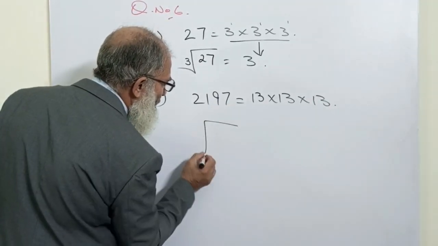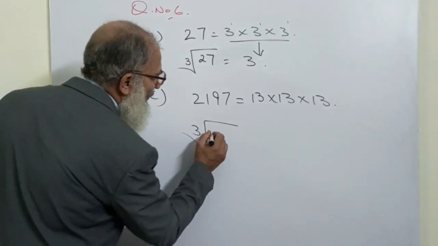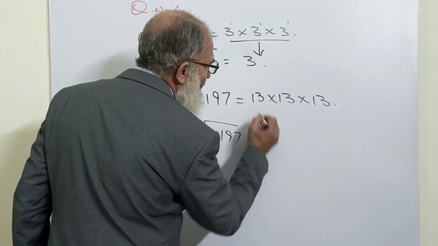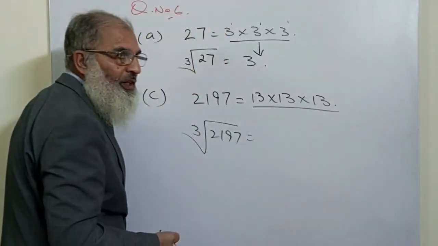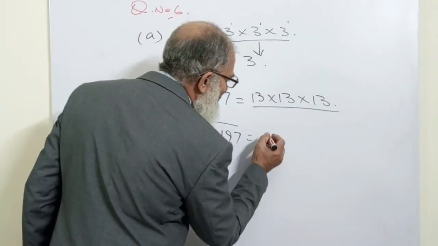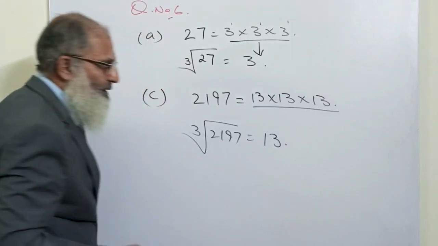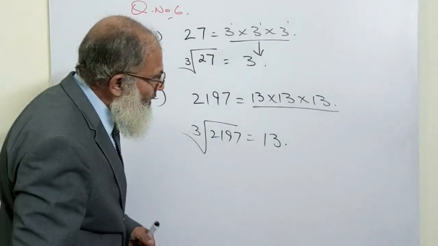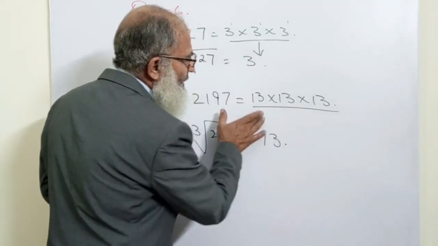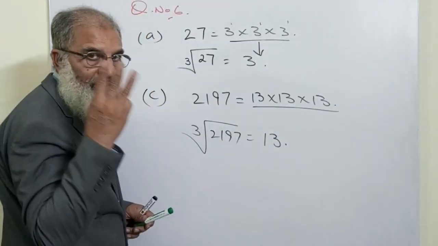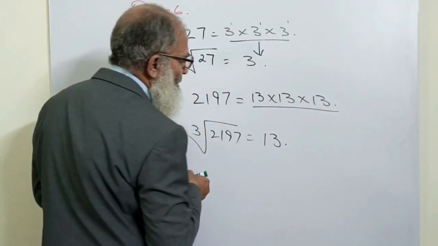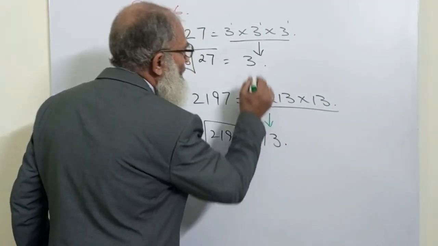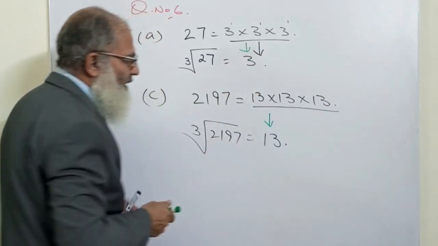So we write a 3 over the root with 2197 and bring 1 of the 13. You just have to bring 1, because this is a set of 3, a triple. So you just bring 1 here.